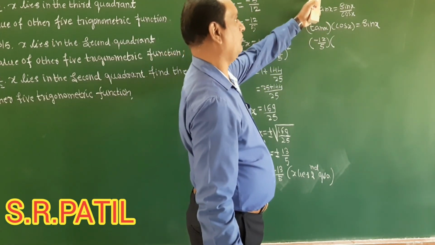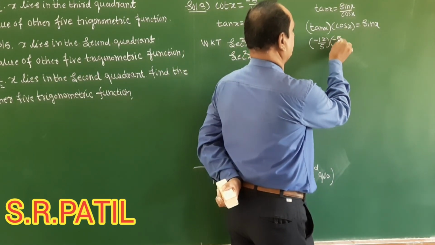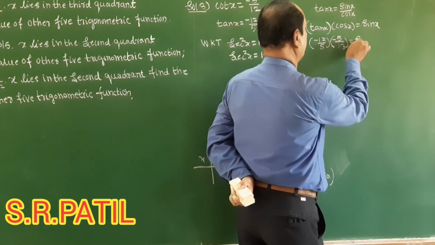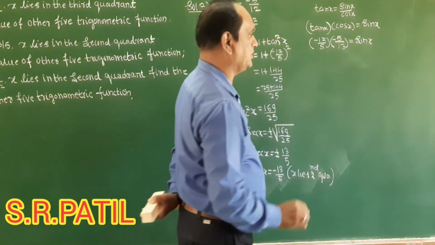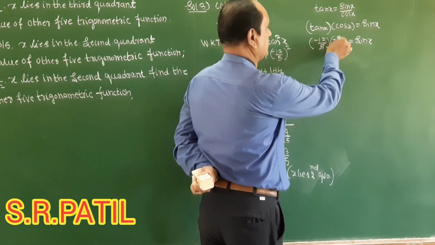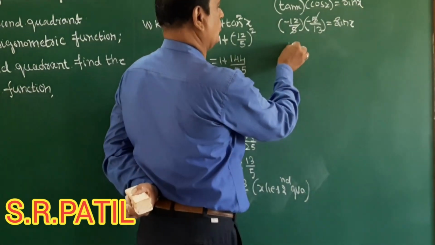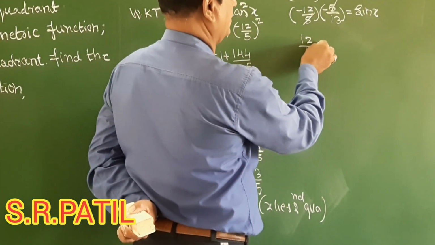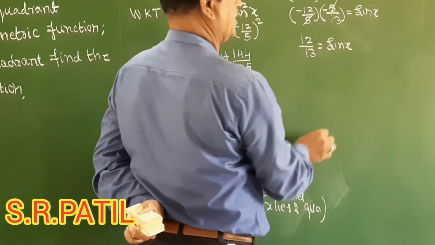Calculating cos x, minus 5 divided by 13, is equal to sin x at the end. Which do you cancel here? Here the 5 cancels. Minus of minus is plus, 12 divided by the remaining 13 is equal to simply sin x. We got sin x.